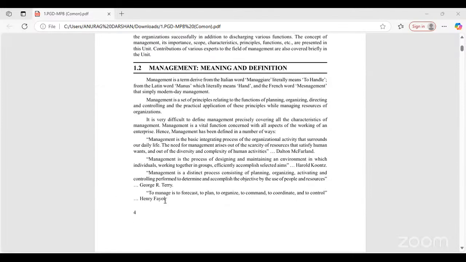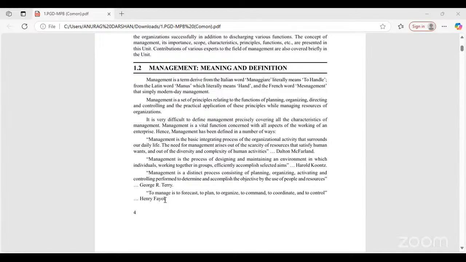Coming to the definition, management is the process of designing and maintaining an environment in which individuals working together in groups efficiently accomplish the selected aims. Here you're talking about people working in an environment, a group of individuals, which is a team.